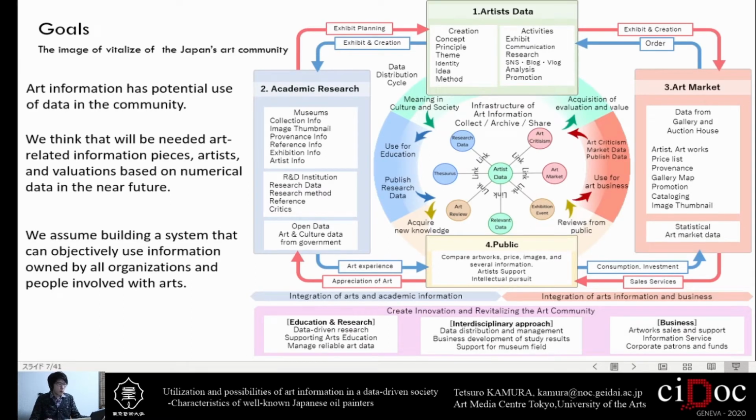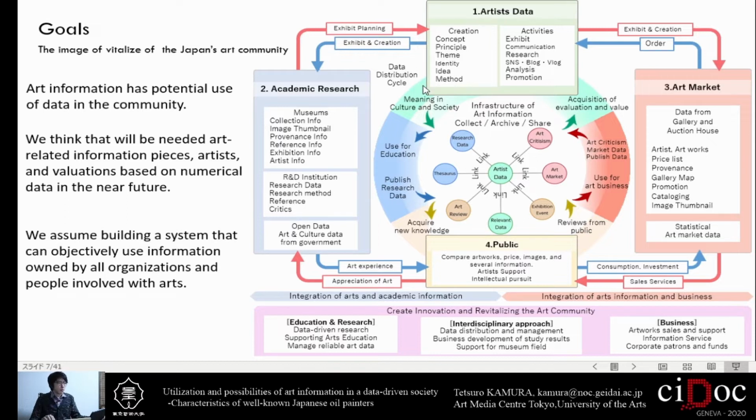This figure is one of the goals of my study. We think that art information can potentially be used in social, cultural, and economic development. For vitalization, it is more useful to organize and use art data.